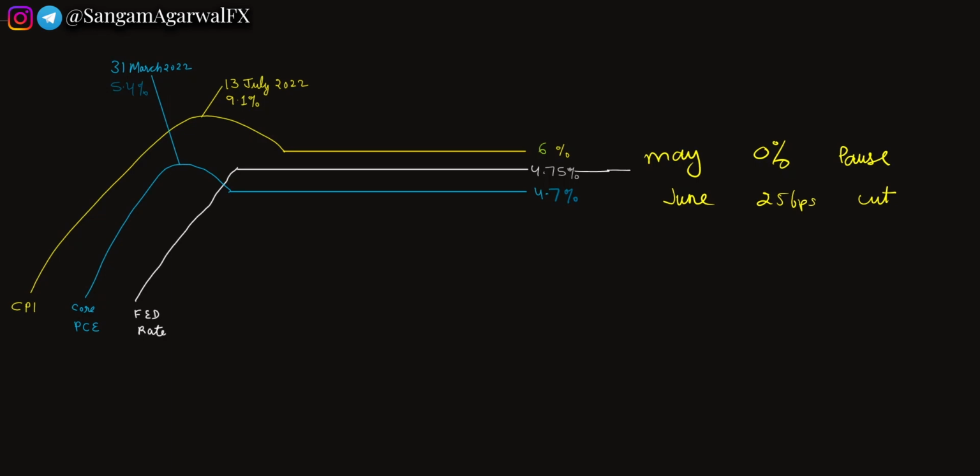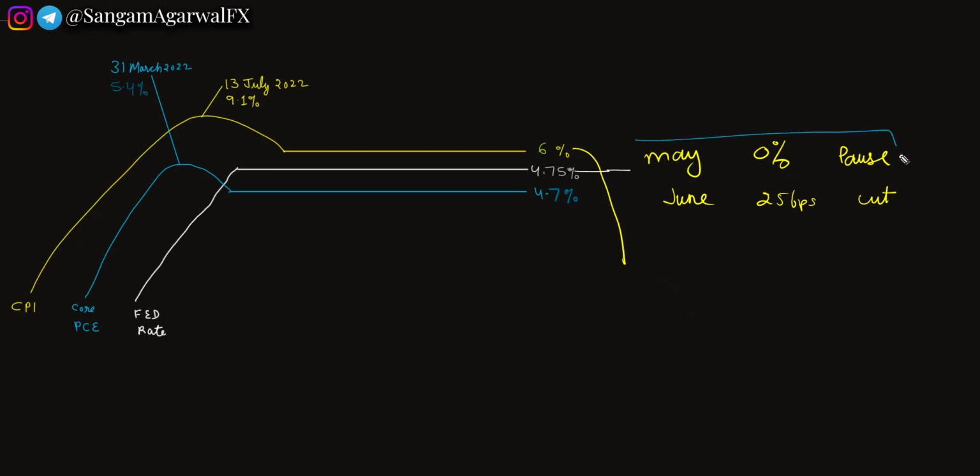And if they pause interest rate, CPI will come down and it will be lower than the Fed interest rate. And this week on Friday you have the core PCE number, and either it comes down this week or next month, but in future that number will be lower.